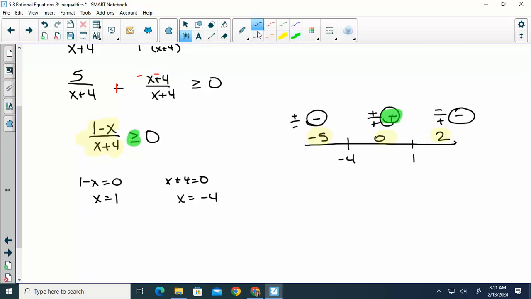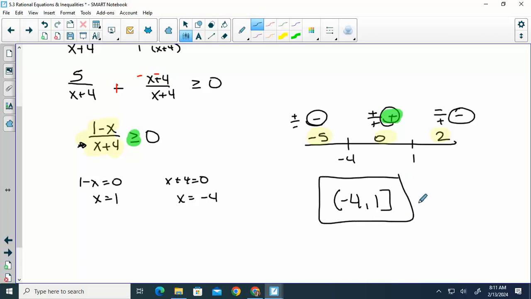Equal to means brackets. However, what is the one number x can't be? Negative 4, like we talked about yesterday. The bottom of a fraction can't be 0. That's a vertical asymptote. So equal to means bracket, but the negative 4, because it's on the denominator, gets a parenthesis no matter what. So it's negative 4 to 1.